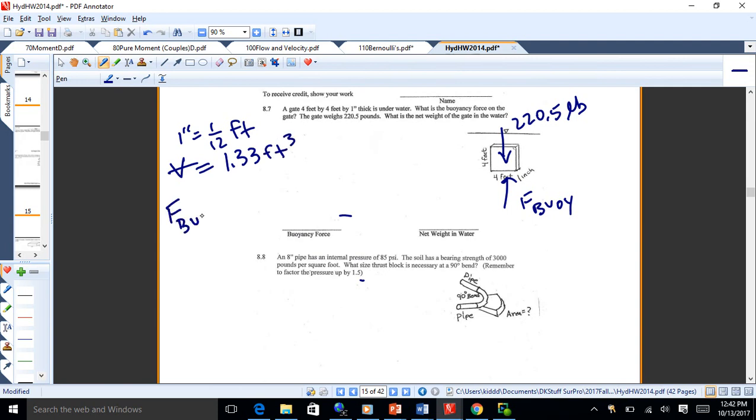And so the buoyancy is 62.4 pounds per cubic foot times the 1.33 cubic feet, okay? Something like that. And that'll get you the buoyancy, and that's 83.2.